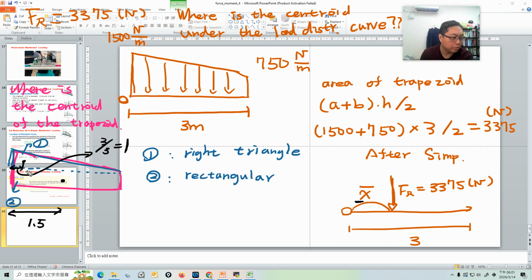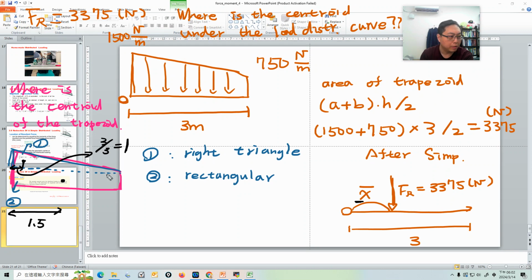I'm really bad at drawing to scale. But simply speaking, the x component of the centroid of area 1 should be here, and it is equal to 1.